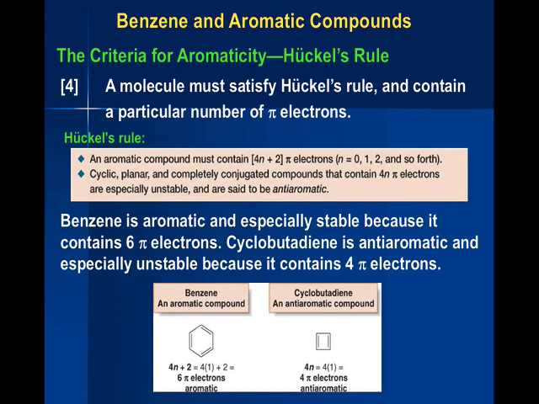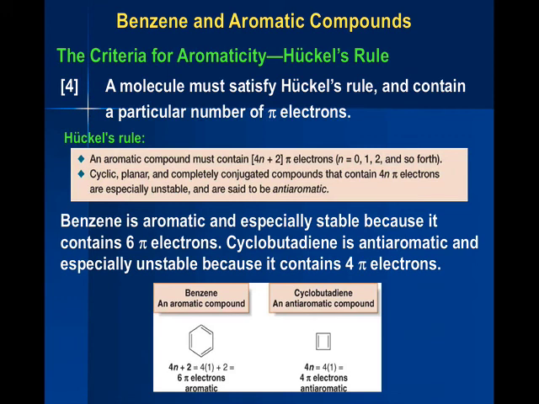Does that mean that the ring always has to have an even number of carbons? No. And we'll see some examples. It does not have to have an even number of carbons. So for example, I'll just go ahead and show you. Cyclopentadiene anion has 5 carbons and it is aromatic.